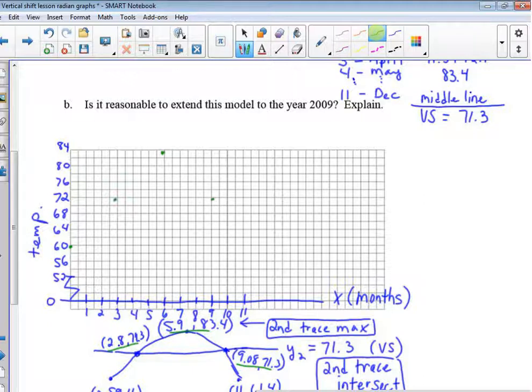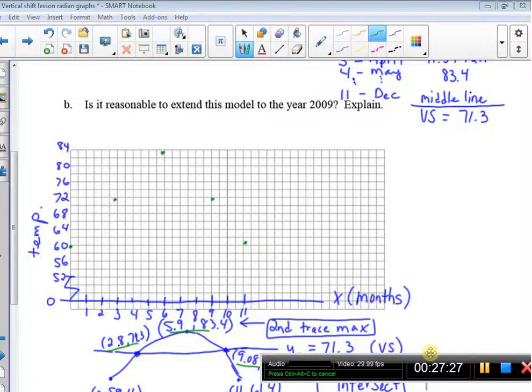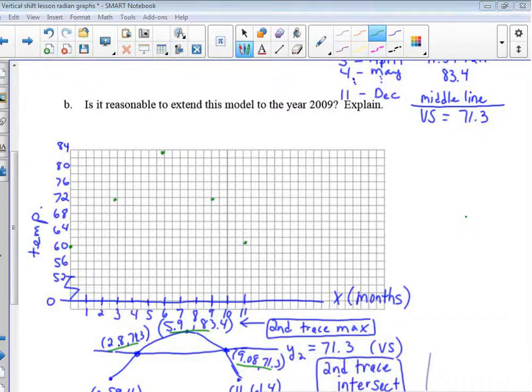And then 11, 61.4. Okay, and then I will connect these.